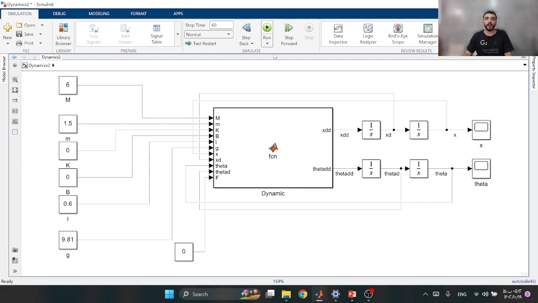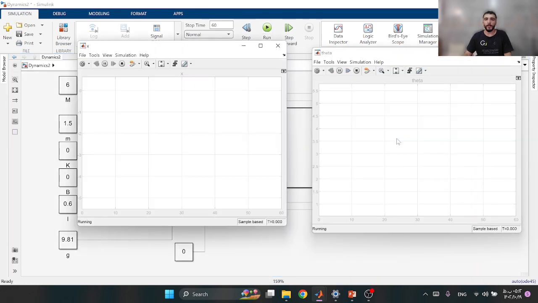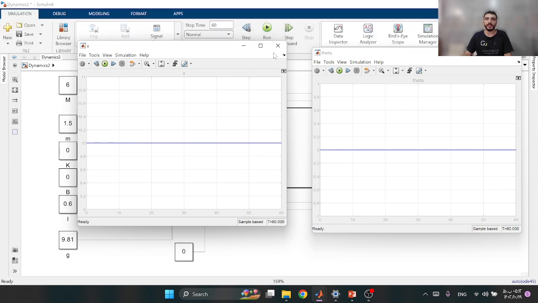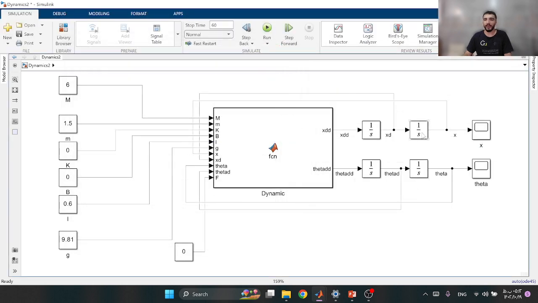Let's see if this happens here. Okay, we can see that theta is at 0 and x is at 10 and nothing changes.